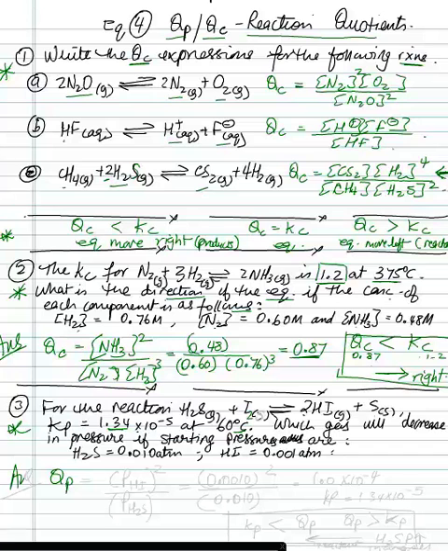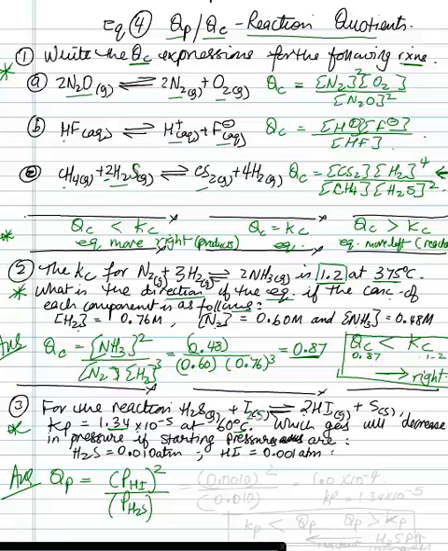Our answer is going to set up for Qp, which is pressure of hydrogen iodide, which has a coefficient of 2, so you raise it to the power of 2. And then at the bottom you have pressure of H2S. And this one, by the way, my terrible handwriting, this is a solid.